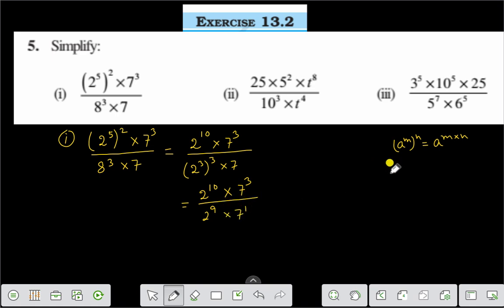We also know that a to the power m divided by a to the power n is equal to a to the power m minus n. We know this one also, right?